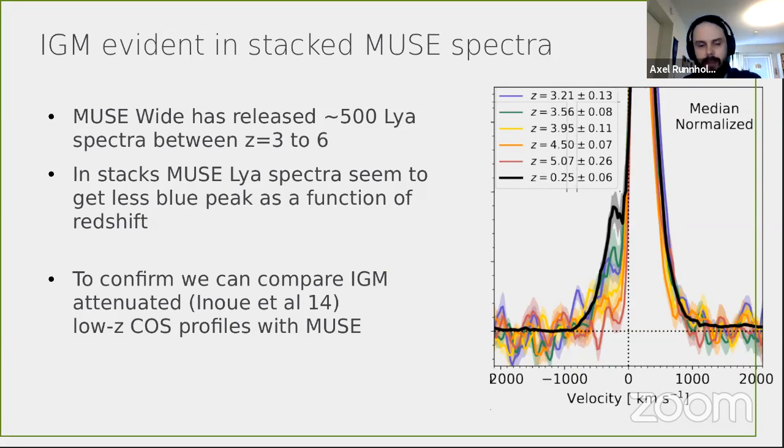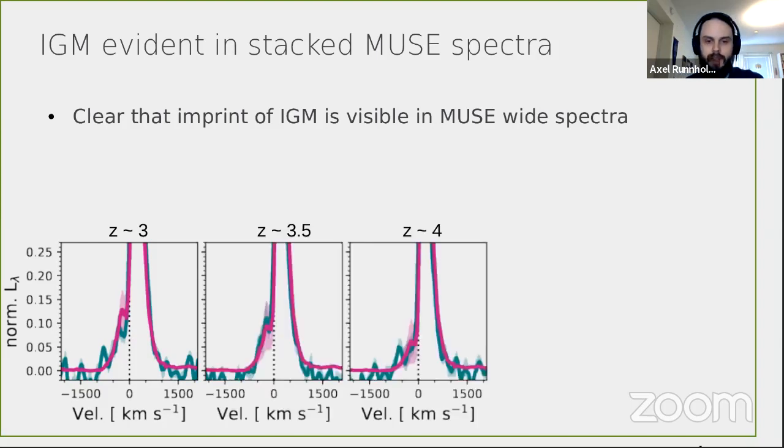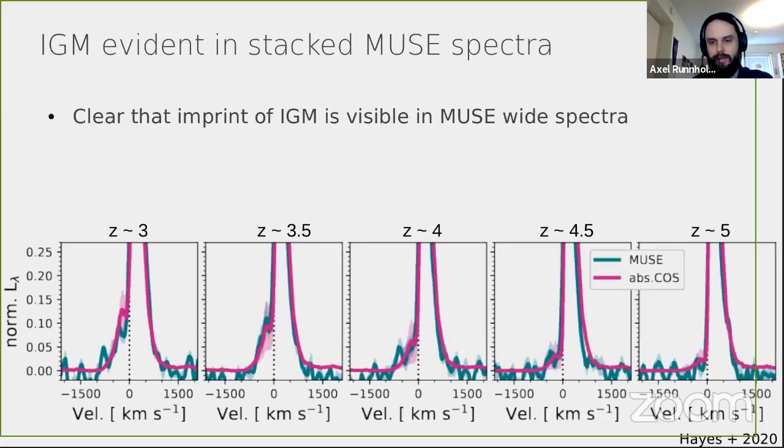And we then set up to try to confirm this. And what we did was take the black spectrum here and then attenuate it by the IGM relation from Inoue et al. And then compare it to the MUSE profiles. So the blue-green line here is the MUSE profile stacked for this redshift. And the pink line is the attenuated COS profile. This is for redshift 3, redshift 3.5, 4, 4.5, and 5.